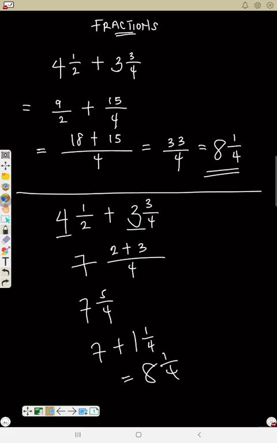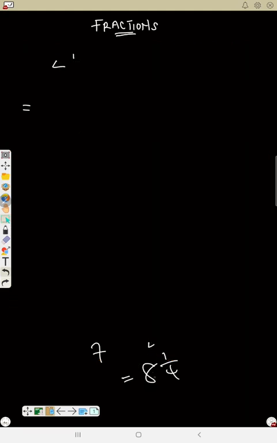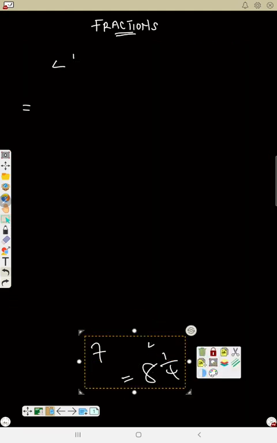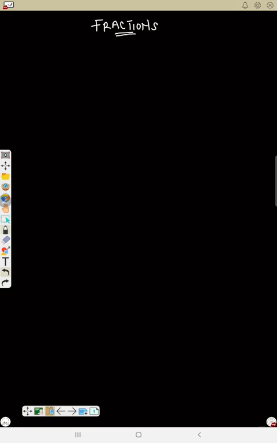So now let's proceed. Now the same thing I'm doing for addition is the same thing you will do for subtraction. So let's say you have 3 whole number 1 over 2 minus 1 whole number 1 over 3.